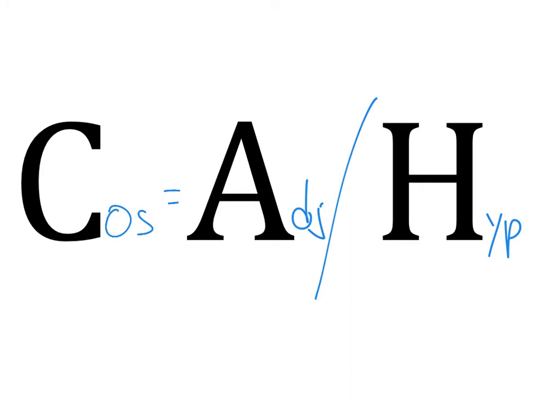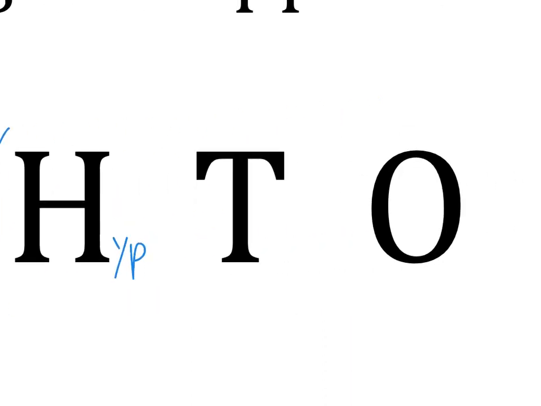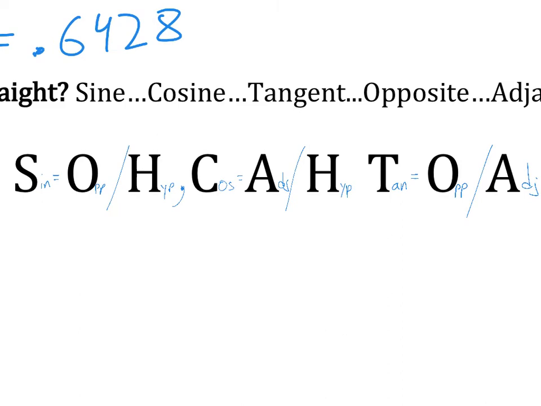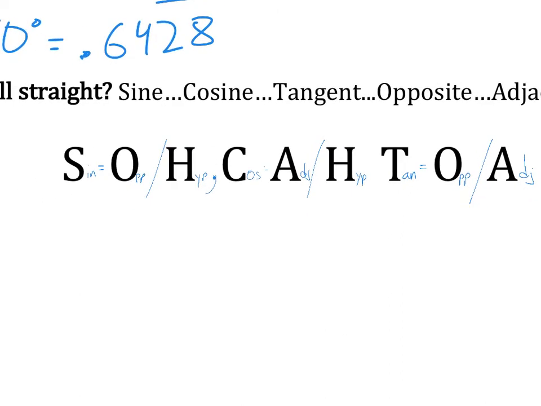And then tangent is equal to opposite over adjacent. SOHCAHTOA. There you have it. Sine, cosine, tangent, SOHCAHTOA. A little acronym that will hopefully help you remember that.